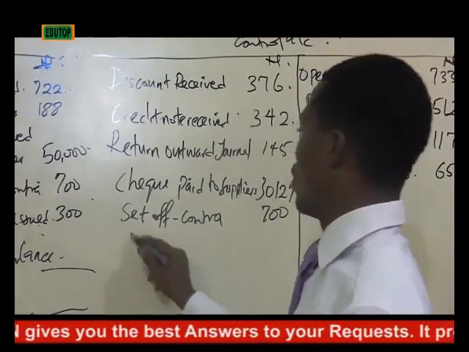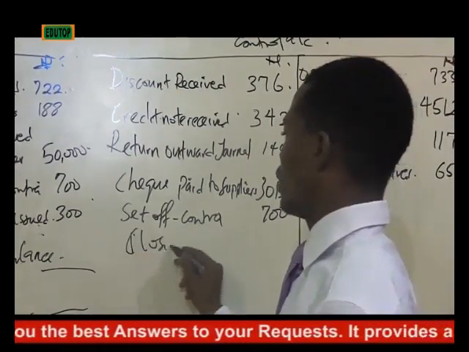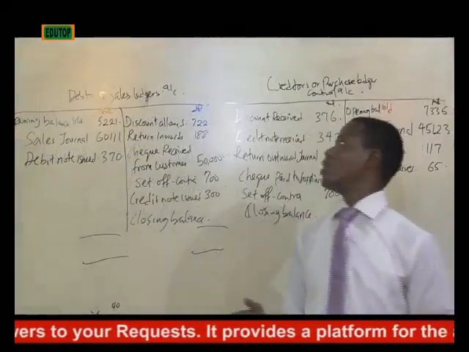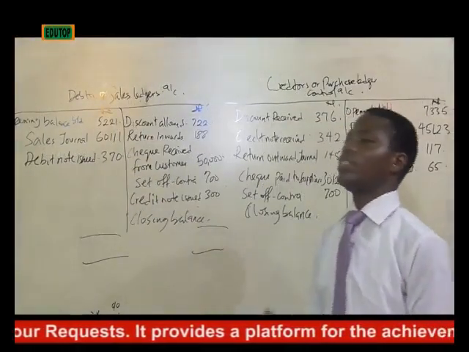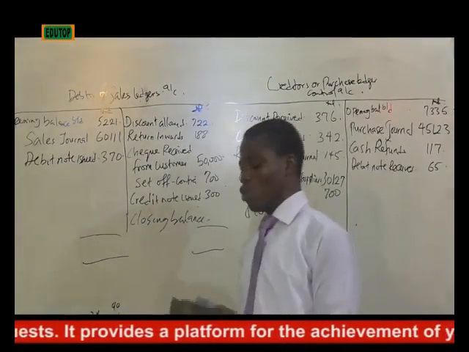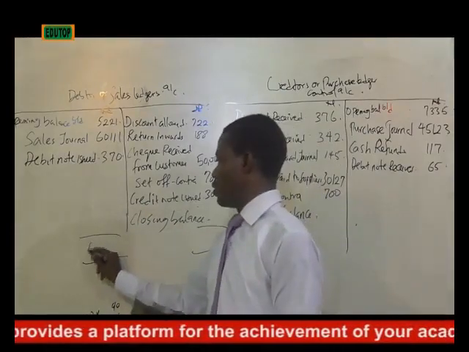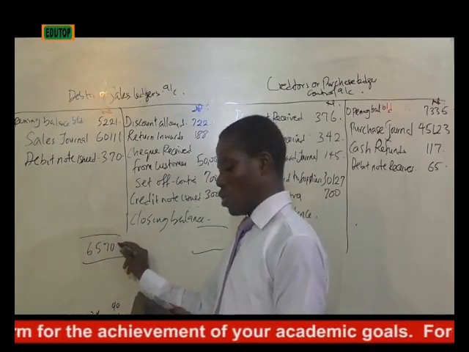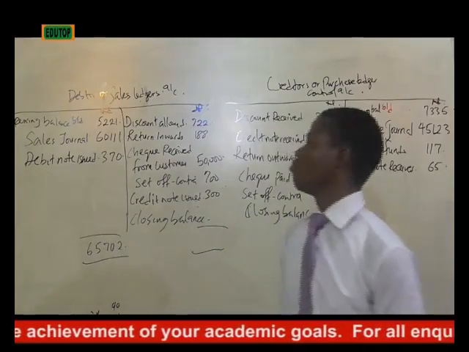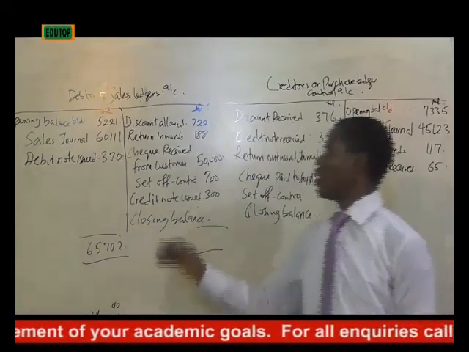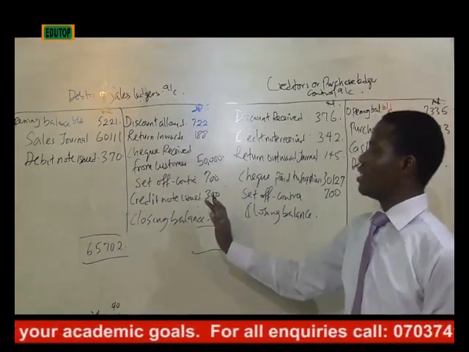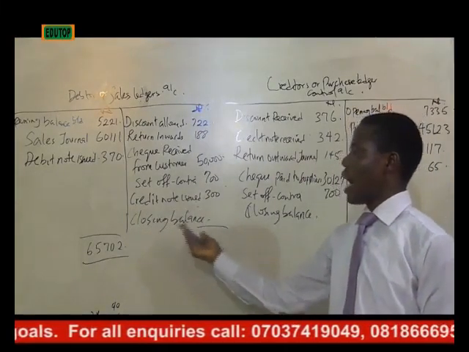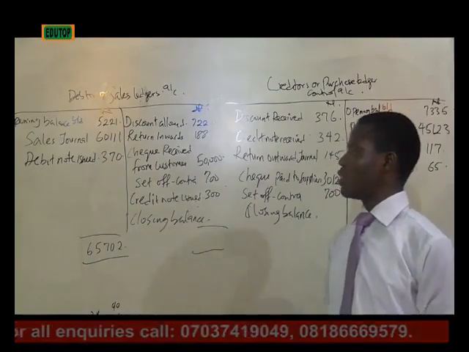Now let's go to the closing balance. Now the total of this amounted to 65702. Now, if you add, the total of this side is greater than this, that calls for a closing balance.